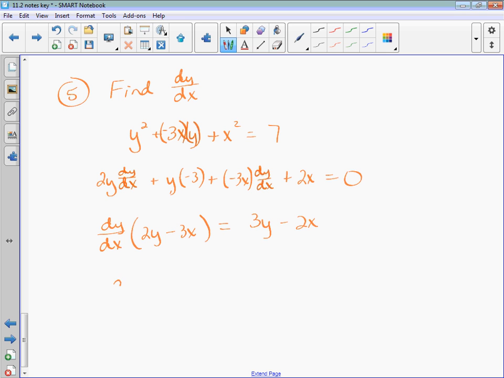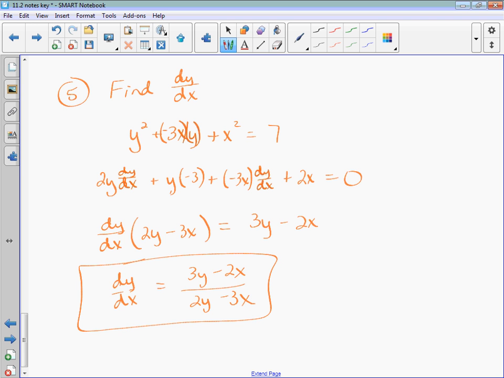So then dy dx equals 3y minus 2x over 2y minus 3x.